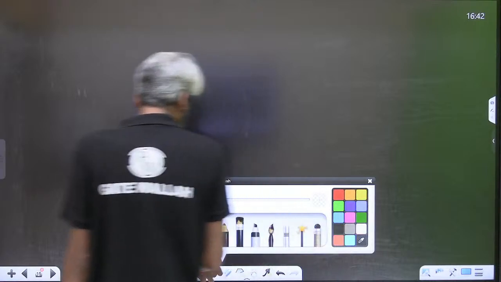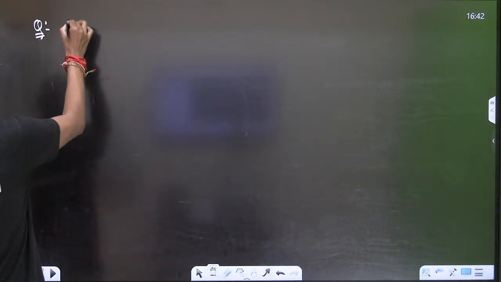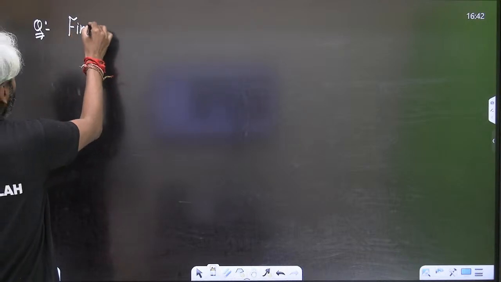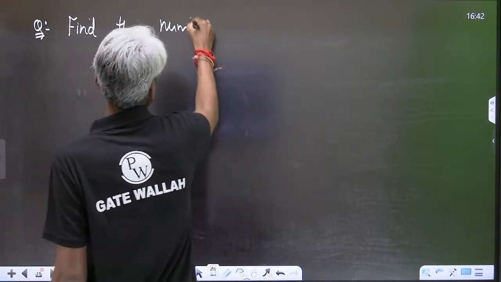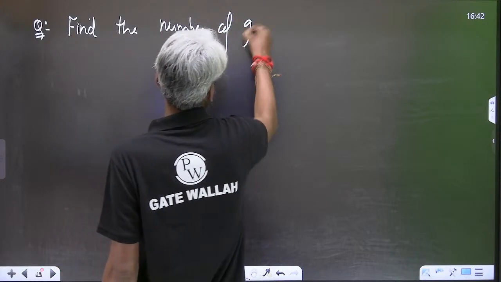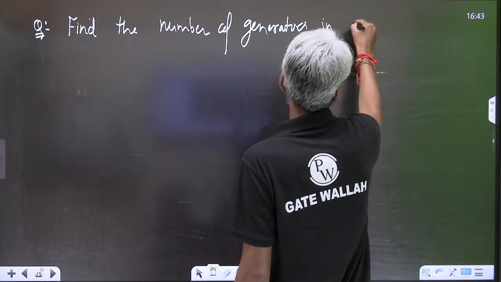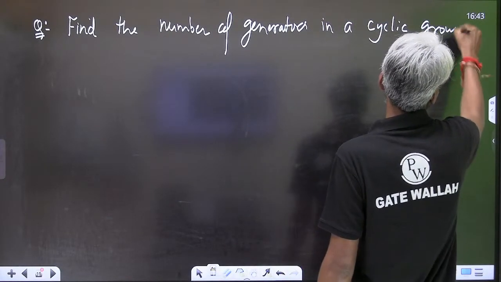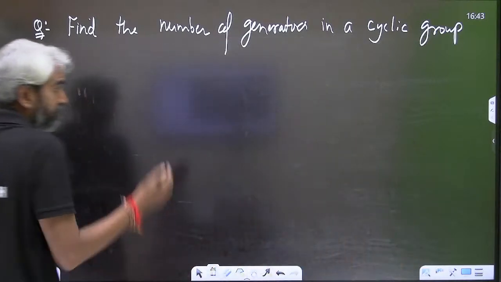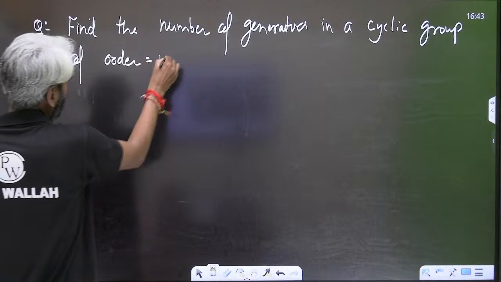Now let's try to understand this with a question. Find the number of generators in a cyclic group of order equal to 4.